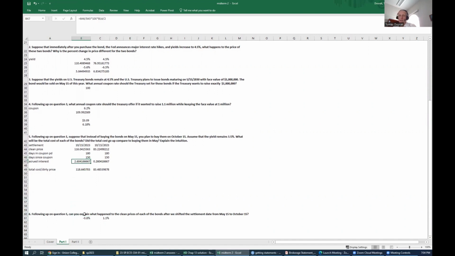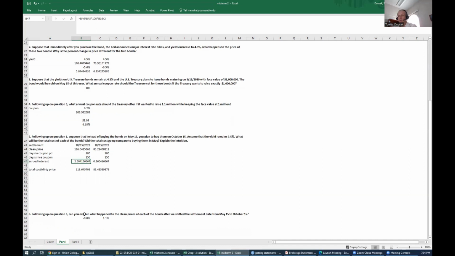We owed the seller $2.60 in accrued interest. And so we're paying him a lot of accrued interest. In fact, we're paying them accrued interest at 6%. That's accrued interest that's higher than the yield. That's more than what they really deserve, because the yield on the bond is 3.5%.